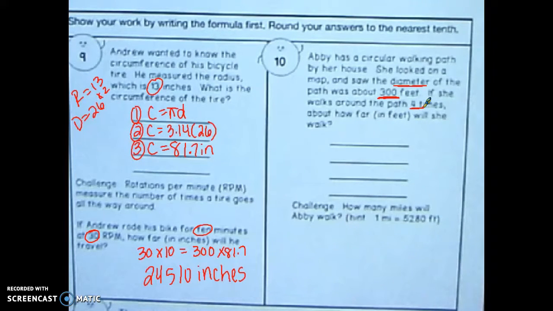So the first thing I want to do is find my circumference. C equals pi times diameter. Plug in the correct value. So I'm going to plug in this 500 times 3.14.